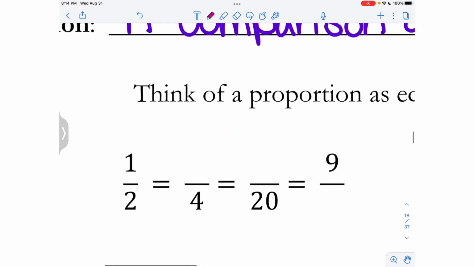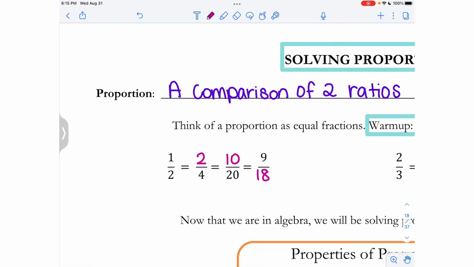You should have that 1 over 2 is equivalent to 2 over 4, or 10 over 20, or 9 over 18. All of these fractions reduce back to 1/2.